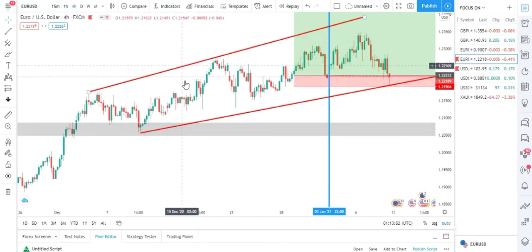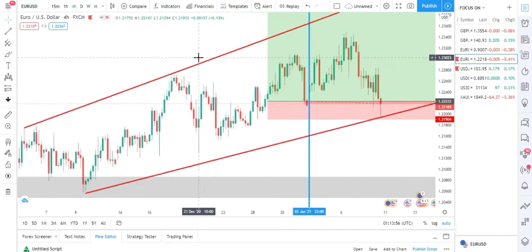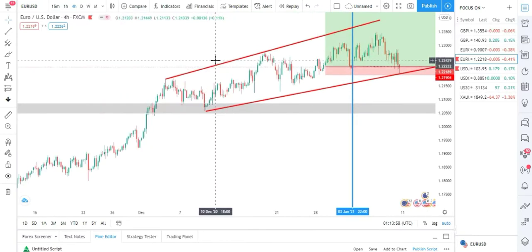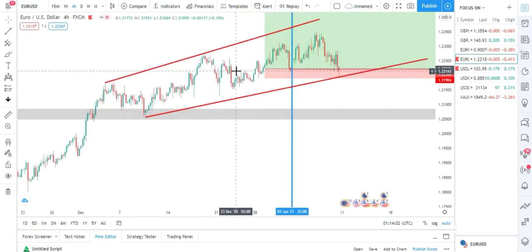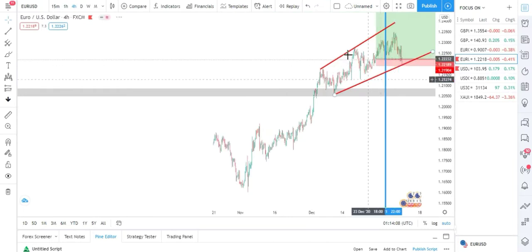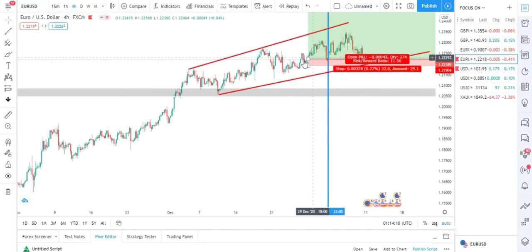And as you can see here, guys, the structure is even better, more obvious. When I was analyzing earlier during the week, it felt like I was trading in the middle of nowhere.